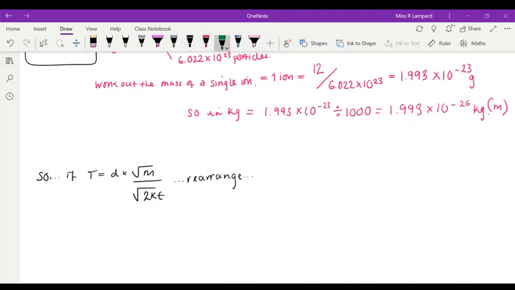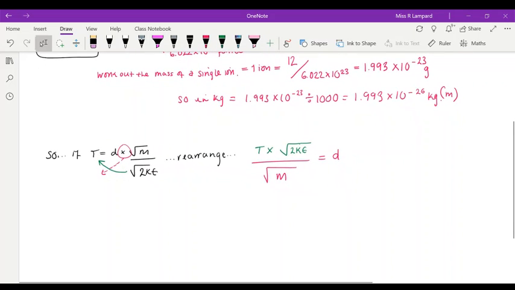The first thing I'm going to do is bring 2 times kinetic energy up to the top here. So we're going to have T times the square root of 2KE. And then if the mass is multiplying up here, I'm going to bring it across this side and divide by the square root of the mass, which is going to give us equal to D. Okay, so perhaps if you're unsure about that, just pause the video and see how we got to this point here. And then we simply input our numbers.